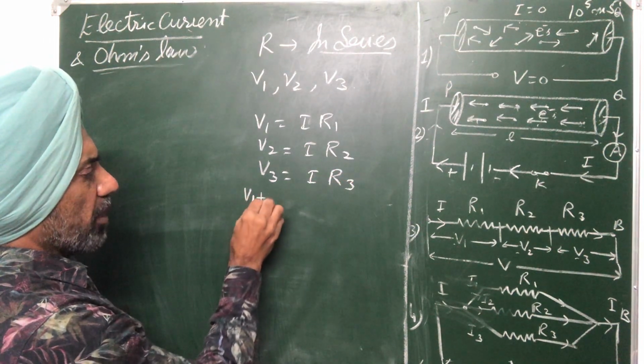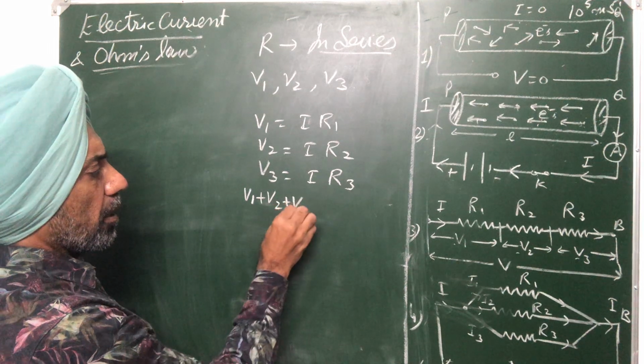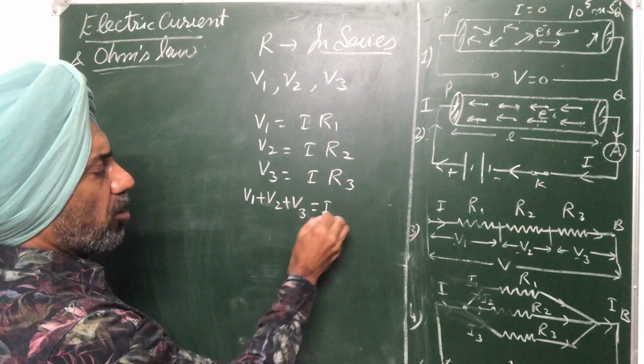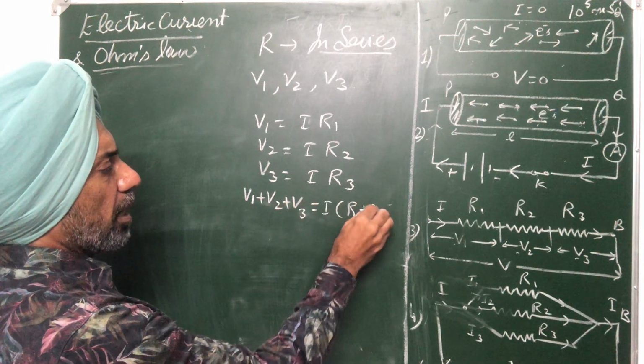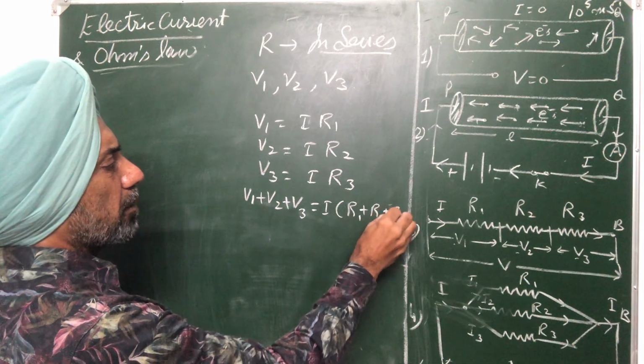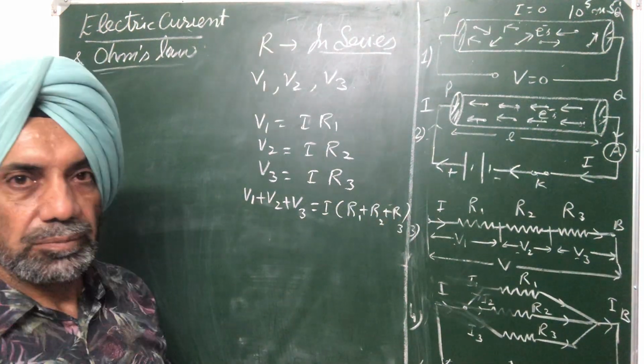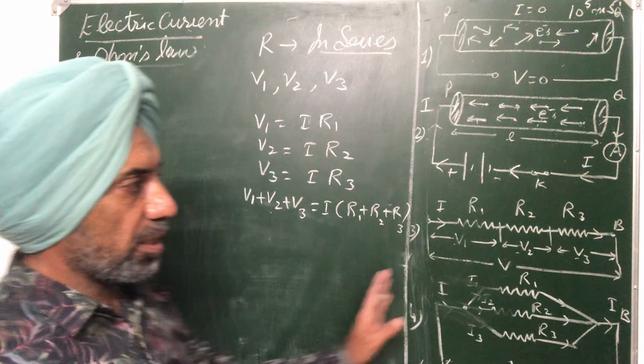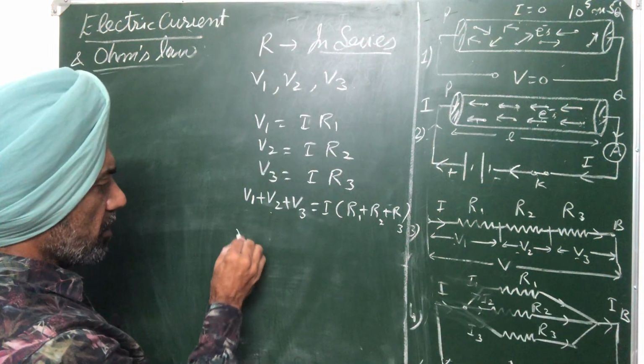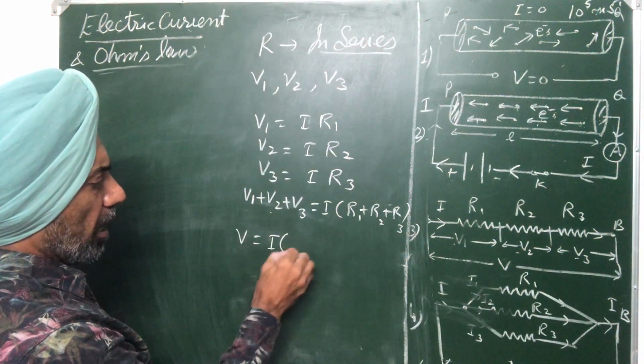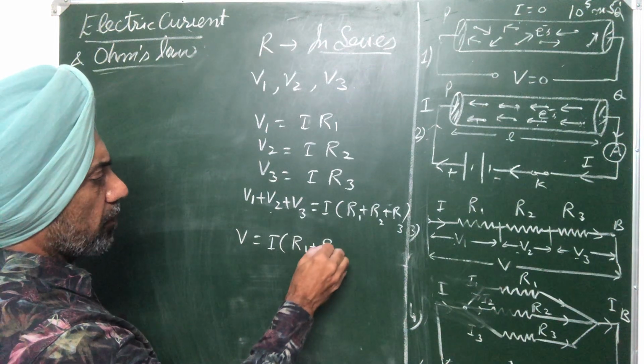Adding, we have V1 plus V2 plus V3 equal to I common, R1 plus R2 plus R3. V1 plus V2 plus V3 is nothing but V. So V is equal to I into R1 plus R2 plus R3.